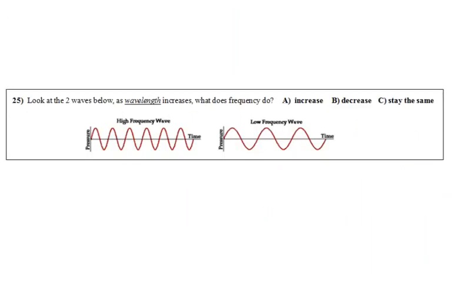So this activity 2A wrapped up with one question. Look at the 2 waves below. As wavelength increases, what does frequency do? Well, if you look at the wavelength here, it's pretty short. So we're starting with this wavelength, and then it's going to increase to this wavelength.